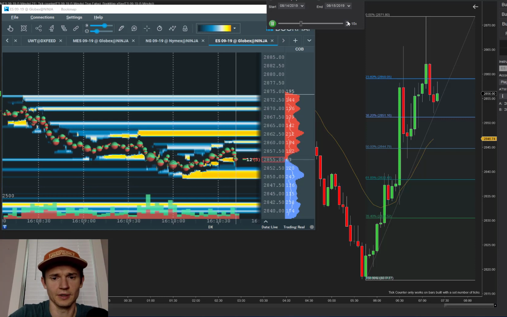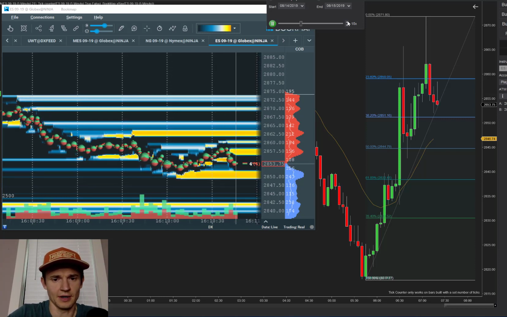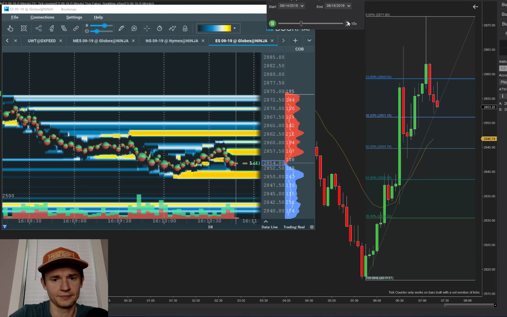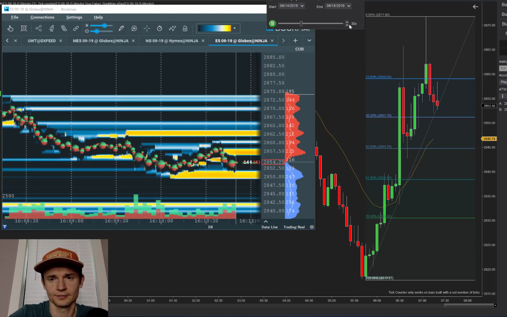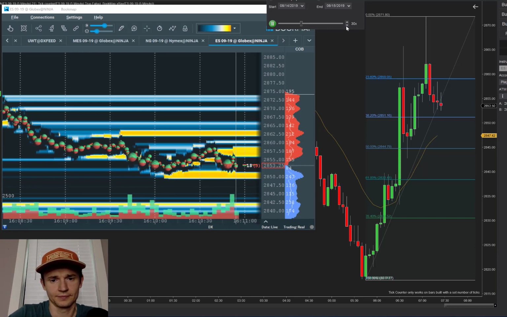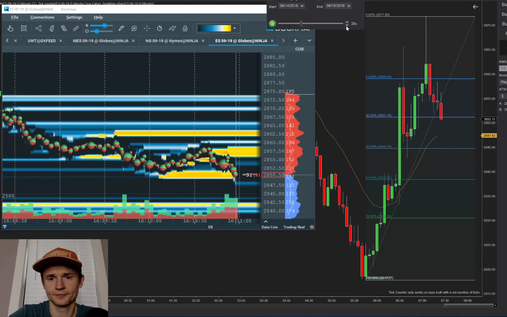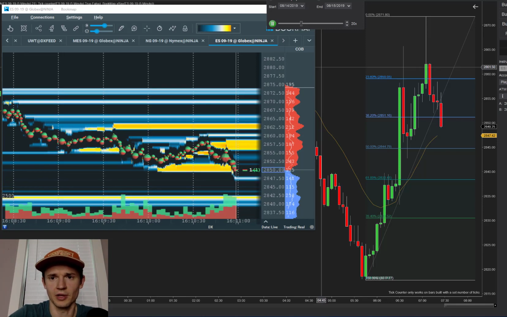Speed it up even more here. And once again, the buyers try, but there's just too much selling right there. You can see that huge block that came in.